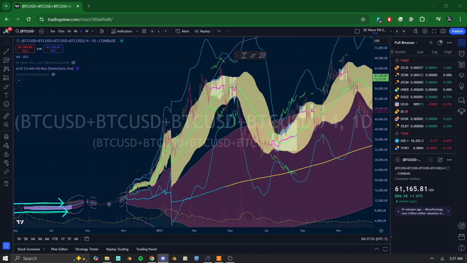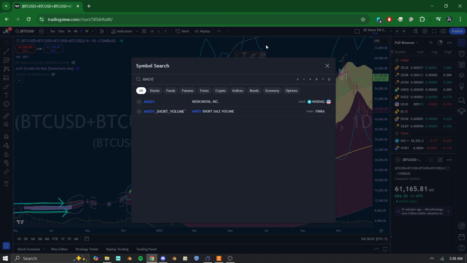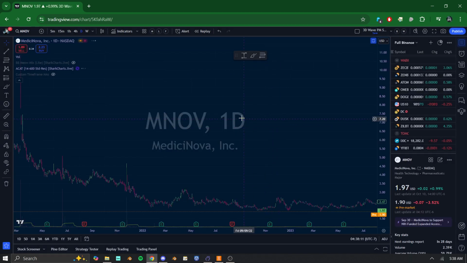All right, now let's change the chart. Let's take a look at MNOV. I don't know what that is. Is this biotech? This is biotech.